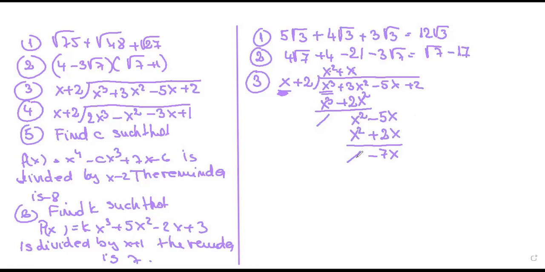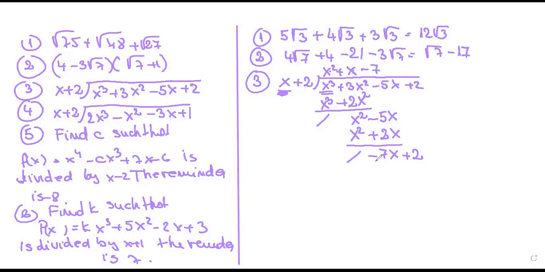We subtract from the top part the lower part. X squared minus x squared is nothing. Minus 5x minus 2x is minus 7x. And we bring 2 down. Minus 7x divided by x is minus 7.